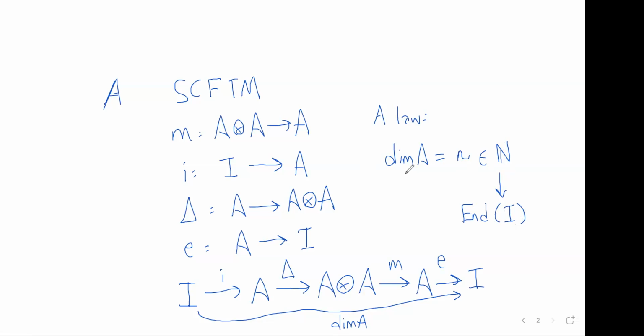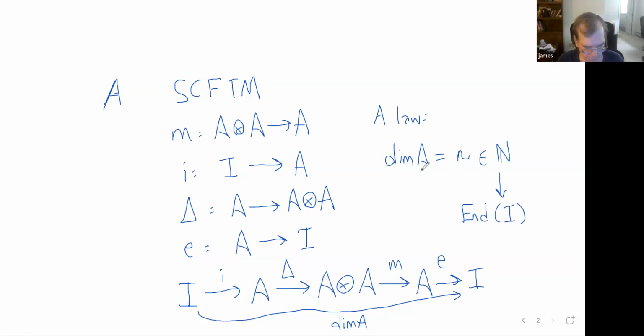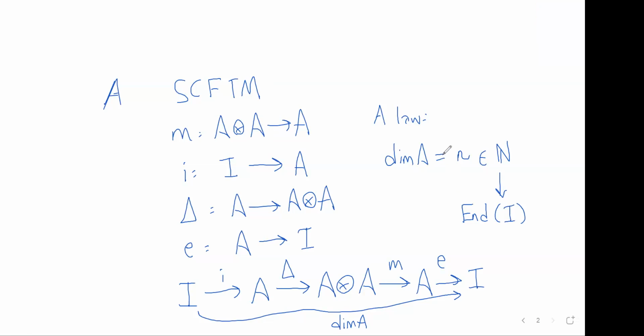The claim, or the hope or guess, is that one extra law is enough when you have a classical model of this special commutative Frobenius. What I'm trying to say is that any classical model of this theory, that is, a model in the category of vector spaces over an algebraically closed field, will obey this law for one particular unique n.